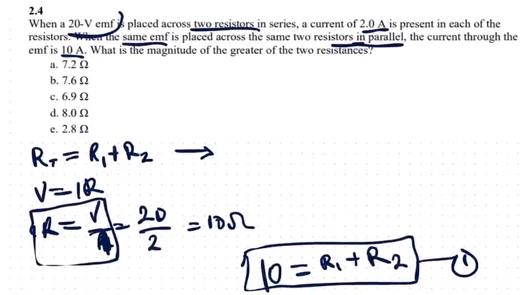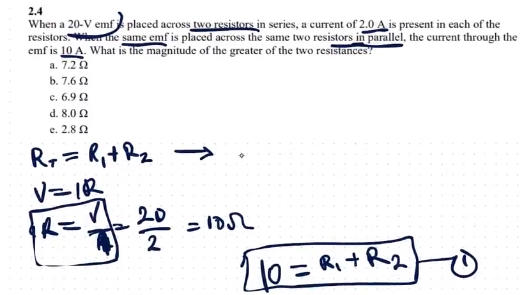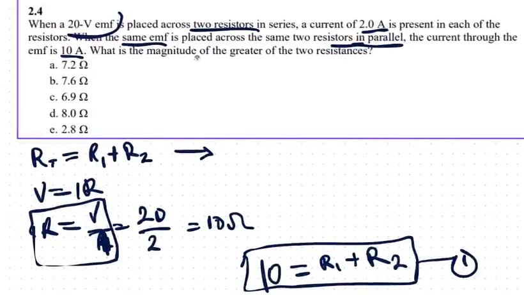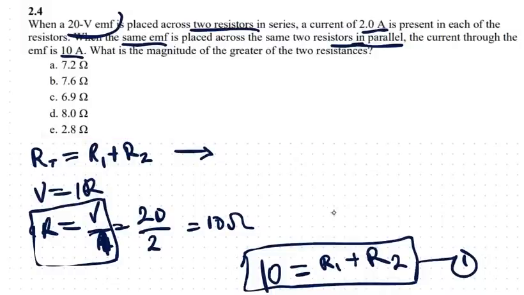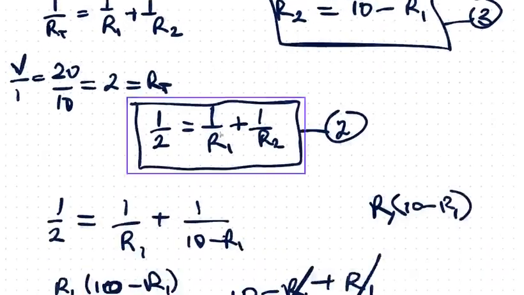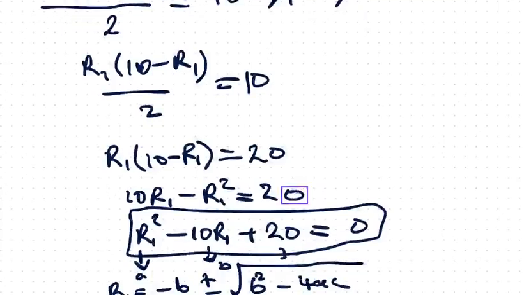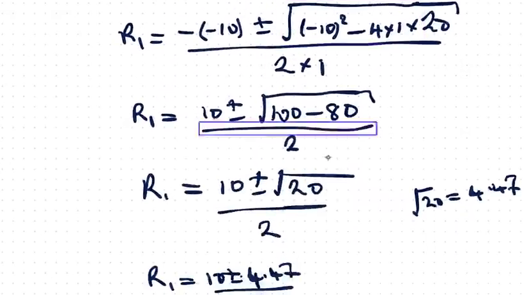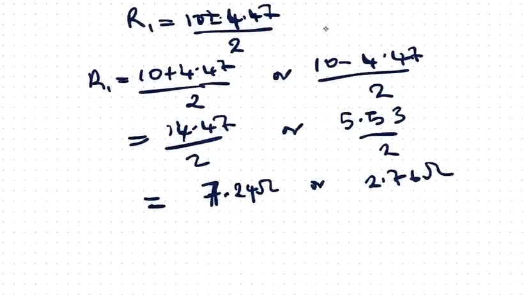So we're asked to find, let's go back to the question again. We're asked to find the magnitude of the greater of the two resistors. So based on the answers we got, we can testify that the greater one is 7.24 ohms.